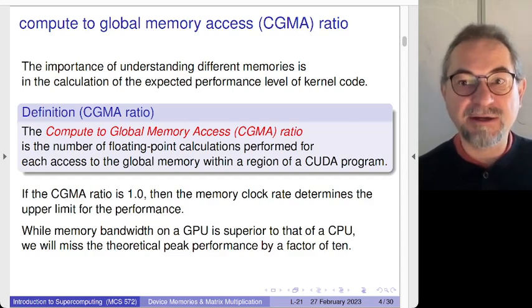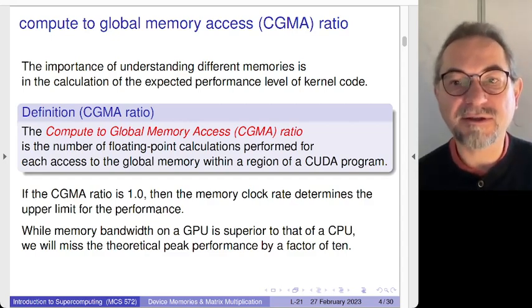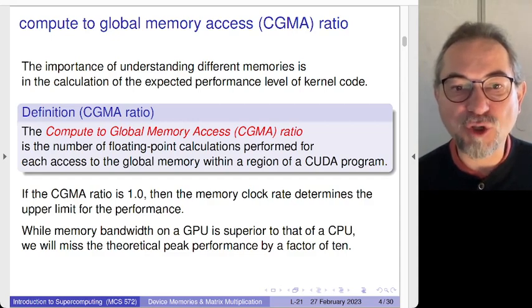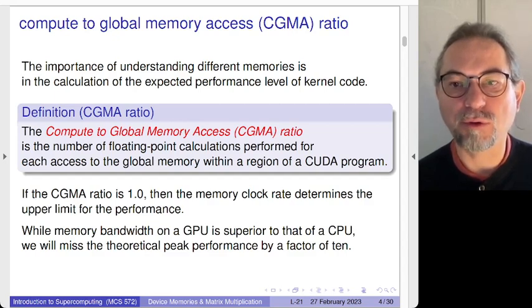Actually, here is the critical definition: the compute to global memory access ratio. This is the number of floating point calculations performed per each access to the global memory.